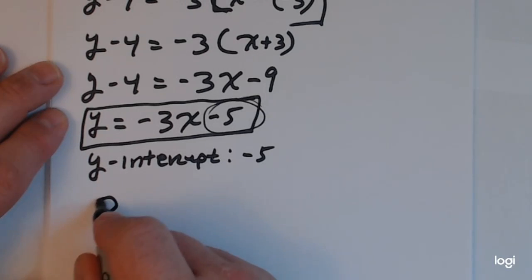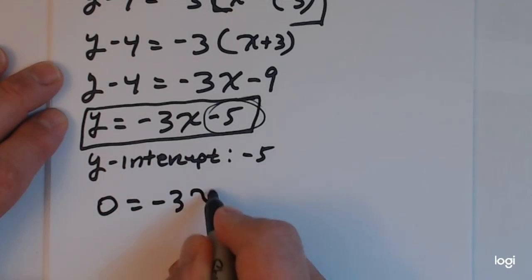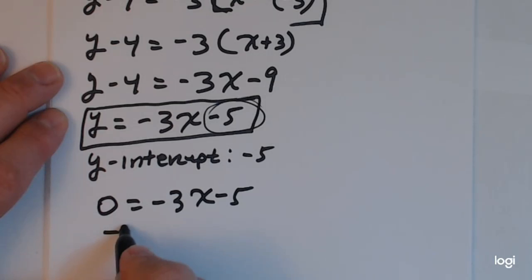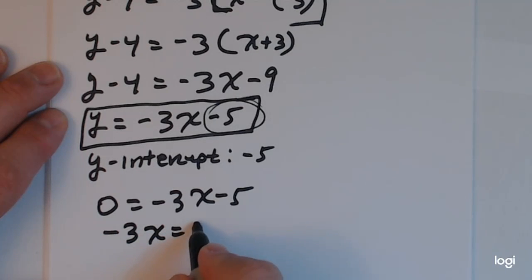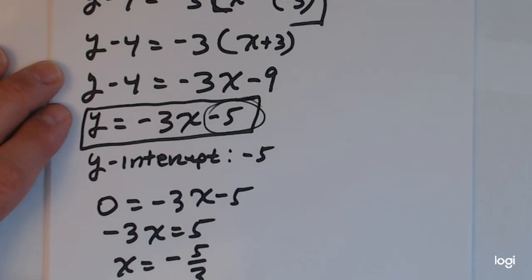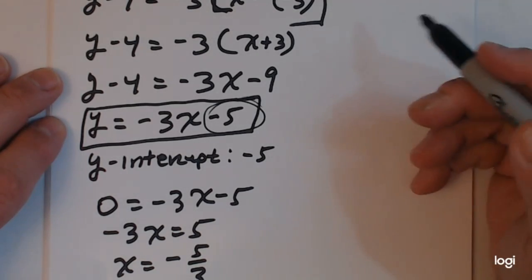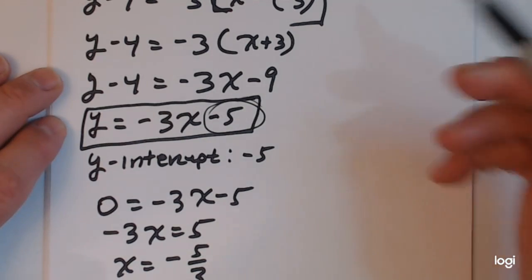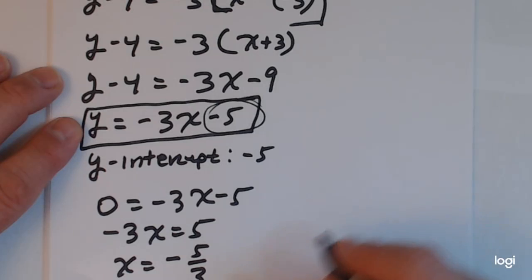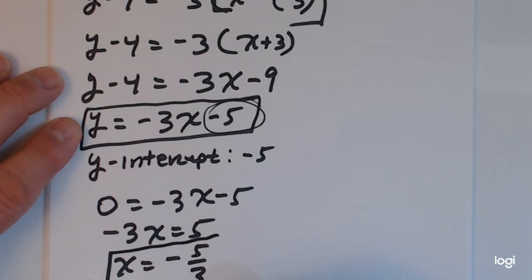So 0 is equal to negative 3x minus 5. Negative 3x equals 5. So x equals negative 5/3. I hope. Yep. So we now have 2 points on this graph.